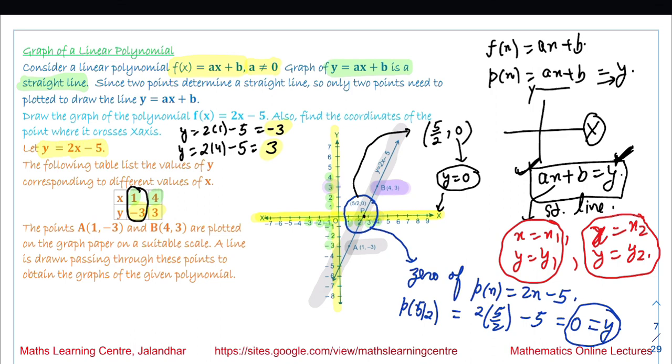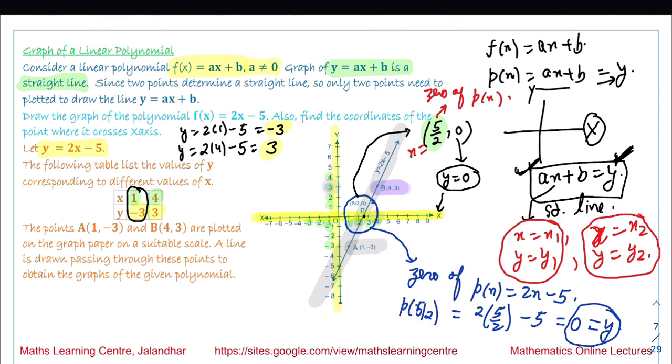It means y is equal to 0 corresponding to the point 5 by 2. That is, for x equal to 5 by 2, y is equal to 0. So this point 5 by 2 is the zero of P(x).